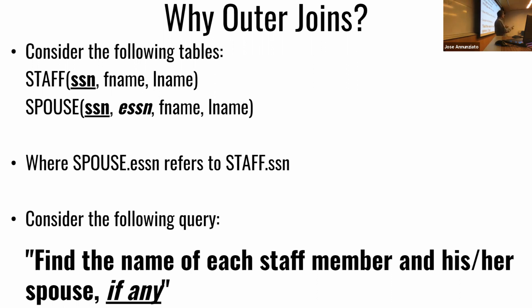In those edge cases, you would have to read it carefully. If it just says invite names of a staff member and the spouse, then that's just an inner join. But if they add additional requirements such as "if any," meaning if they don't have a spouse they should still get invited, you have to be careful. In those edge cases, you might need a left join or a right join to bring in the data, even though they might not have records.